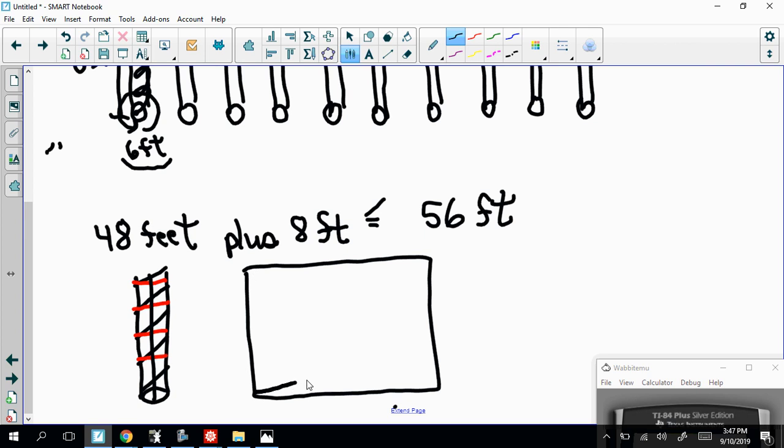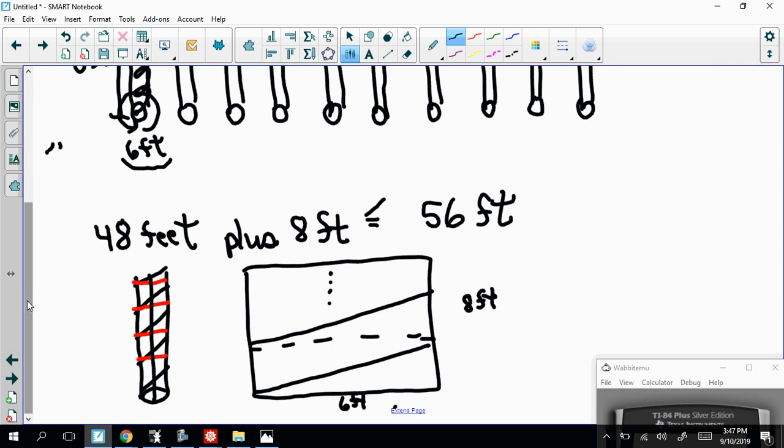And then the lines would look like this, and then they would come straight across, and it would take off again and look like this, dot, dot, dot. This is 6 feet, because that's the circumference, and this is 8 feet. And there's going to be 1, 2, dot, dot, dot.